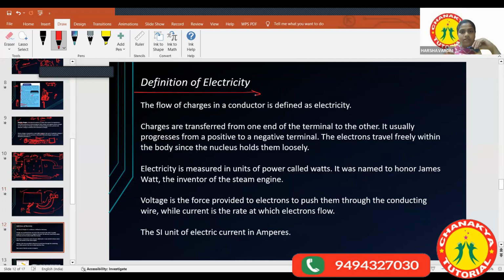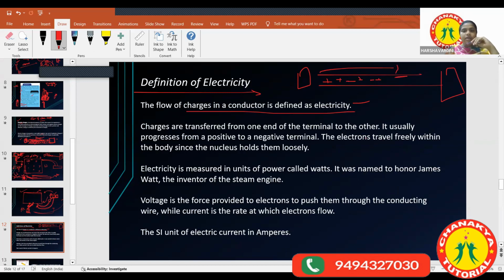Okay. Now this is the definition of electricity. Flow of charges in a conductor is defined as electricity. As I told you, there is a conductor, a switch box, and some appliances. Positive and negative electric charges are flowing. So the flow of electric charges is nothing but electricity, and these individuals are nothing but electric charges.